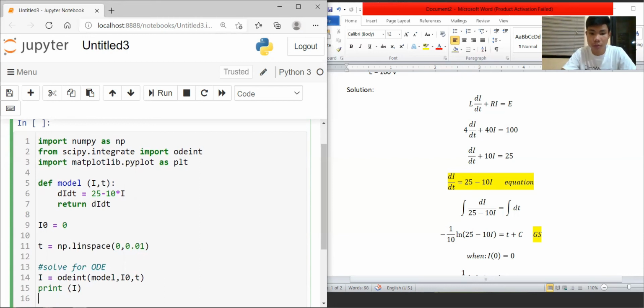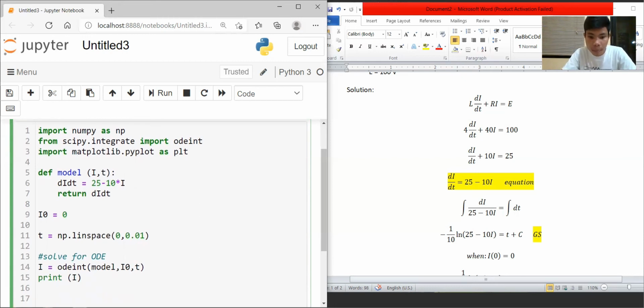Okay, tama. So, at this part naman is our graph representation.